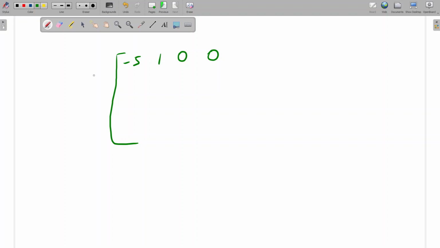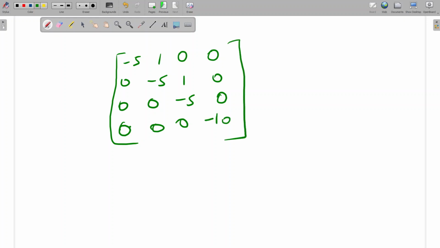Second row 0, minus 5, 1, 0. Third row 0, 0, minus 5, and 0. Fourth row 0, 0, 0, and minus 10. So this is the matrix. This kind of matrix will be there in the Jordan form.